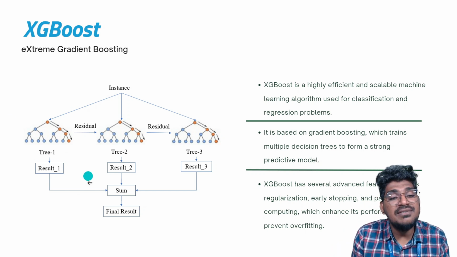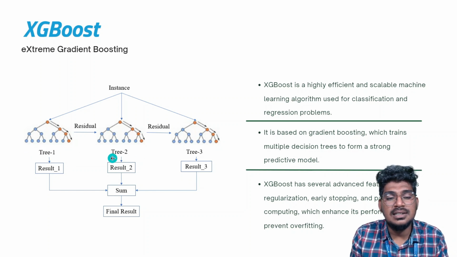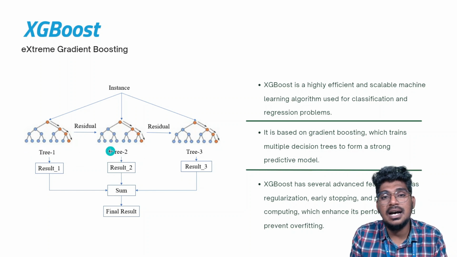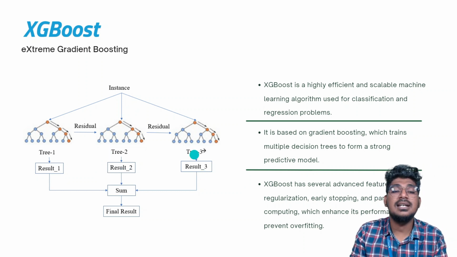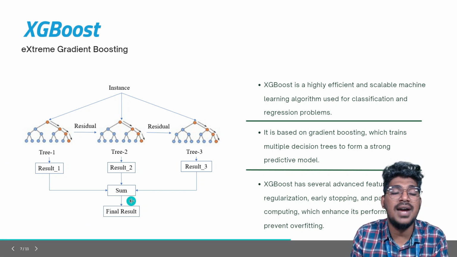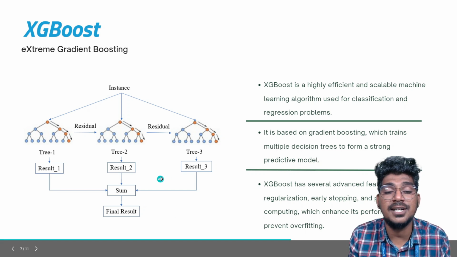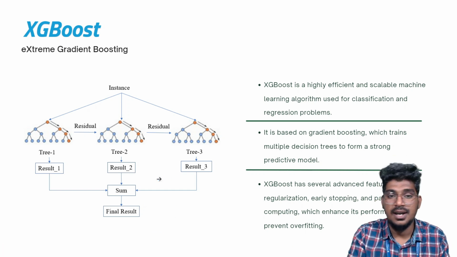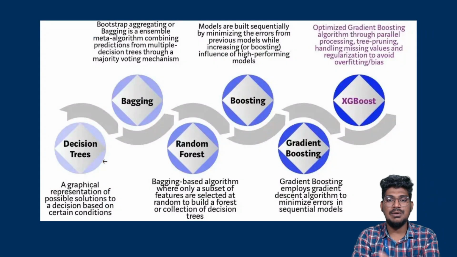Each decision tree gives one particular result: tree 1 gives result 1, tree 2 gives result 2, and tree 3 gives result 3. After that, it sums every value because it is a regression problem. Then we finally find the result based on this summation. Okay, right. So here the decision trees come first initially. This is the working flow.